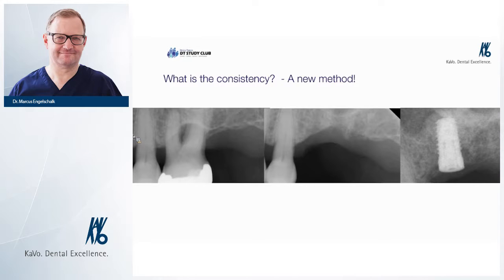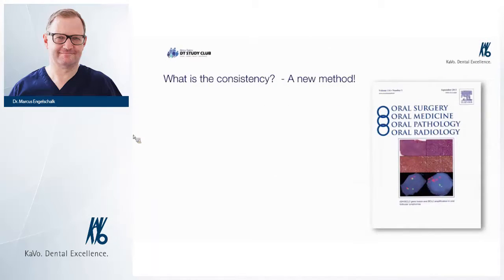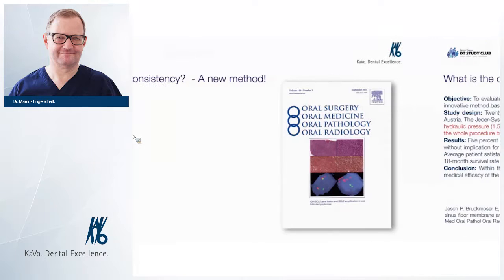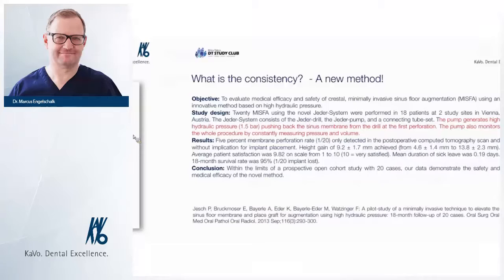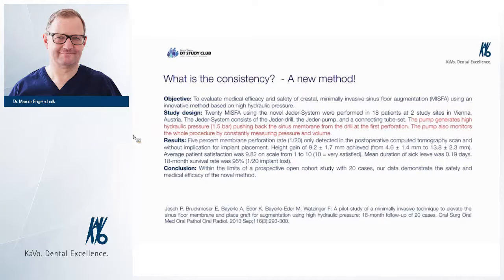Then we combine our drill with a special pump. And now we combine the pressure of the liquid with the drill. How does it work? Very easily. We just bring in the pump and the drill, and if you see the setting of the pump, it's tight on the gingiva, it's tight on the bone, and you can create a closed room where you can bring in the liquid, and this will create a pressure, because for the liquid there's no way to go.